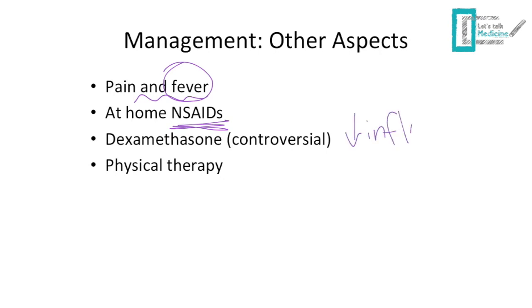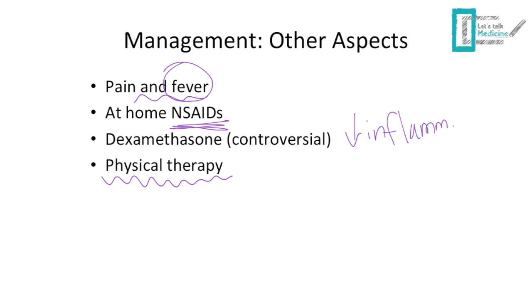However, this is controversial if it's effective or not in septic arthritis. And the most important aspect is the physical therapy. The aim of the physical therapy is basically to mobilize the joint, to prevent any contractures, any other complications that might happen because of the immobilization. So this is a very important aspect you should put in mind.